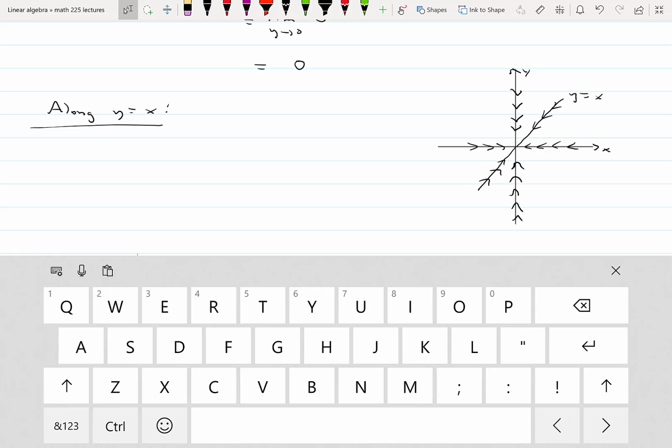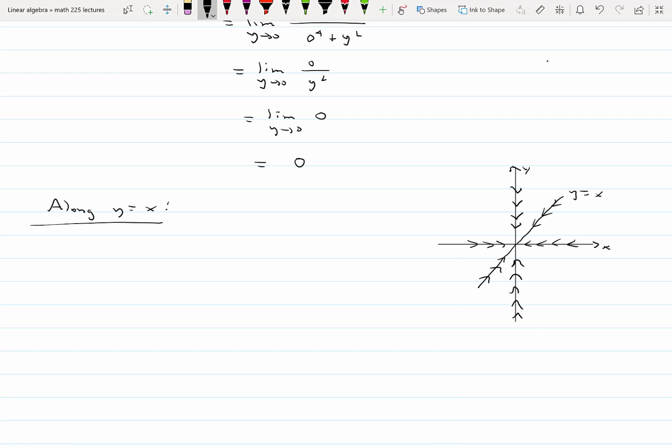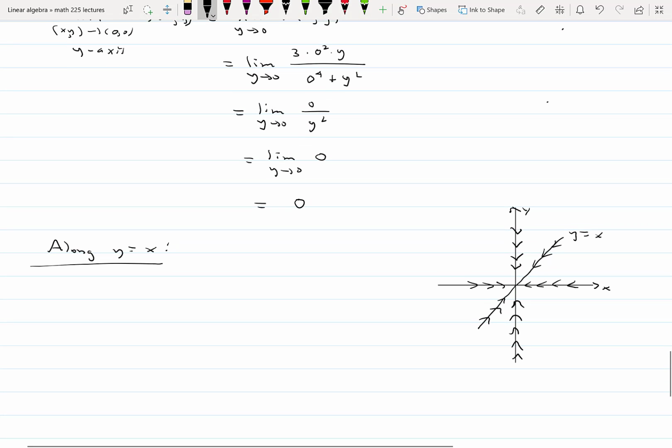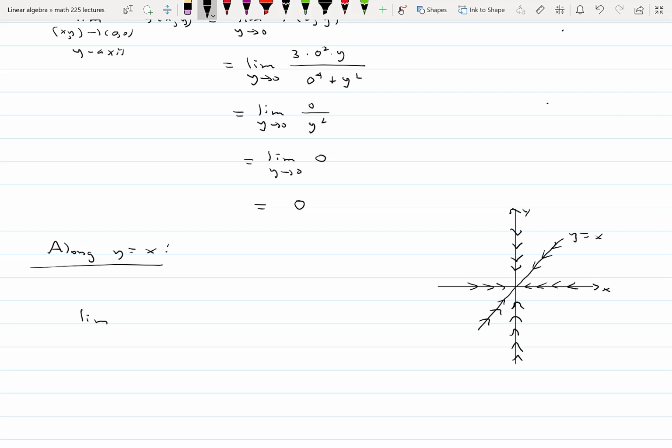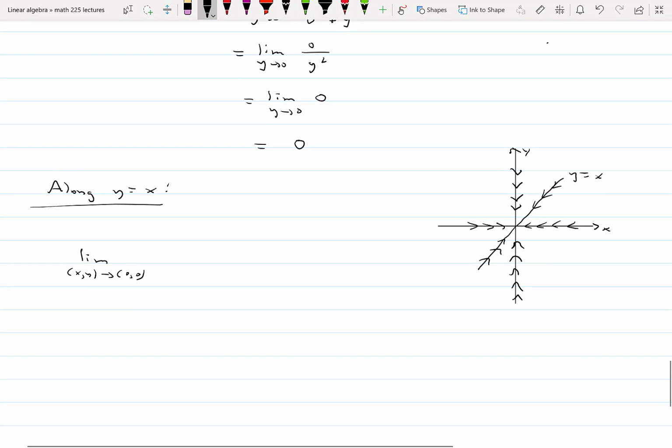Okay, so let's continue on. We're going to evaluate the limit as the point xy approaches the origin, but we're going to restrict ourselves to being on the line y equals x. So along the line y equals x, I'm looking at f of x comma x.